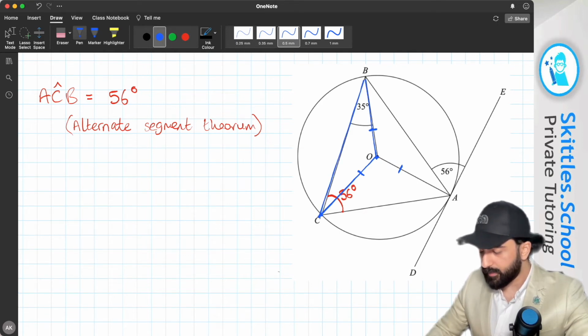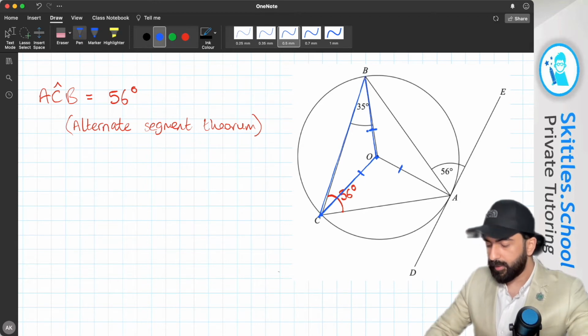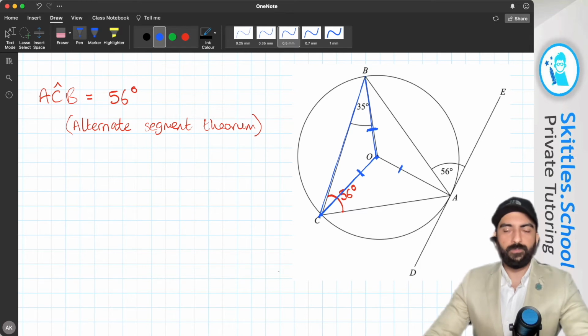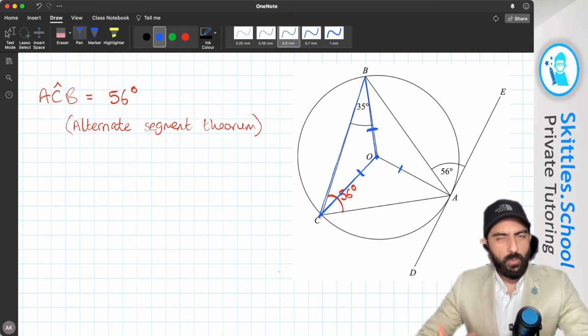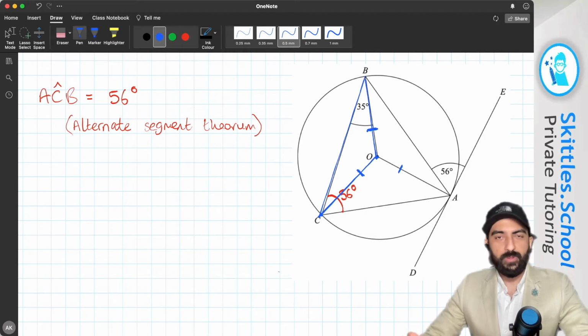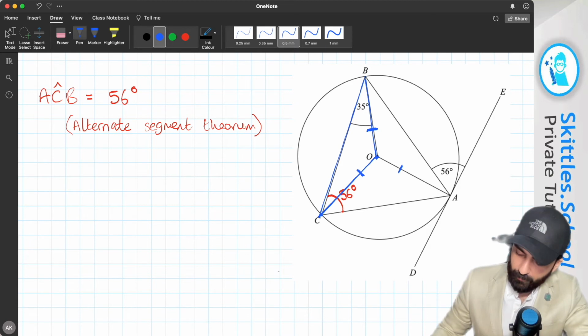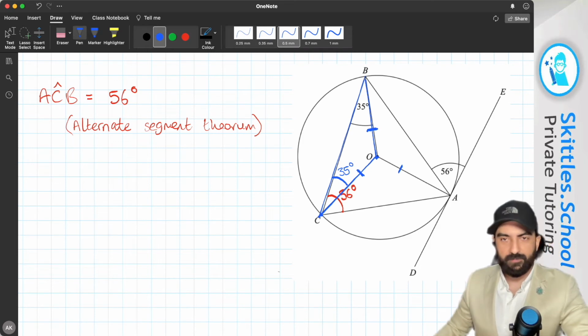And we can tell that this is an isosceles triangle because two sides are the same. They're both radii. So we know that with isosceles triangles, the base angles are the same. So the base angles are the angles at the ends of the two radii. So this angle here also has to be 35 degrees because it's the same as the other 35.